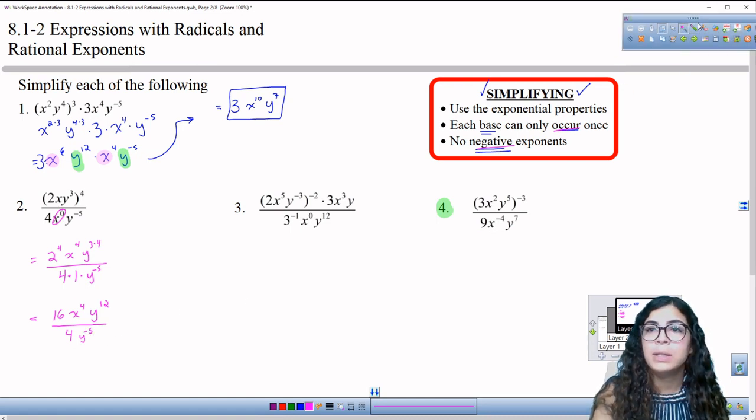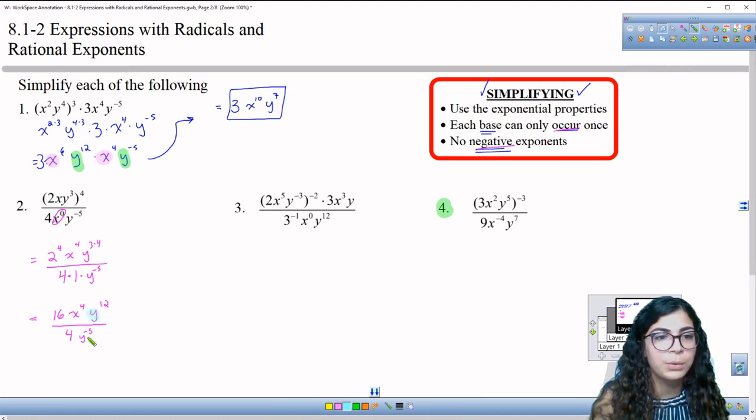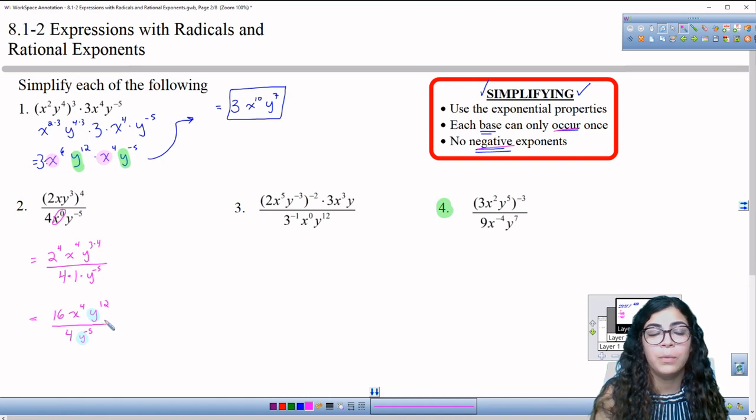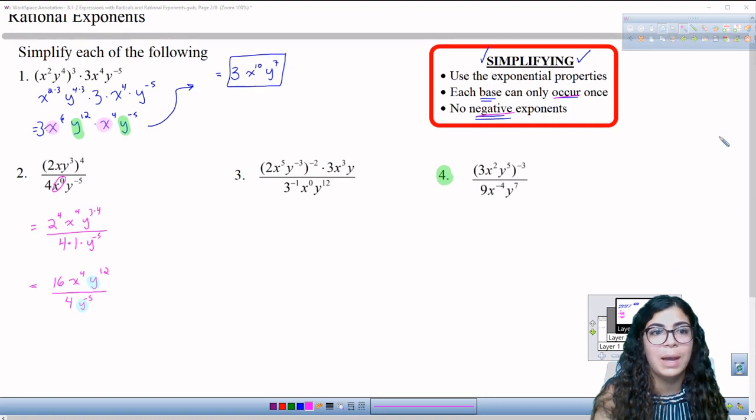Now, I see multiple bases with the y, right? So I have y to the power of 12, and I have y to the power of -5. Now, this is dividing, right? So if you're dividing, because we have a fraction, same base, then you subtract the exponents, top minus bottom, okay? So we have 16 divided by 4, which is 4, of course.